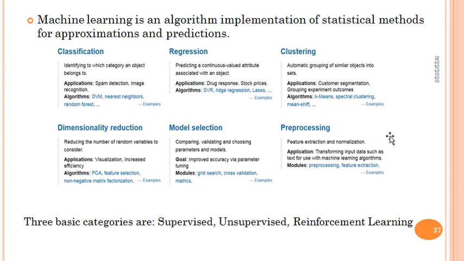Depending upon the data, if it is imagery or video data, there are different pre-processing techniques; if it is textual or numerical data, we have different ones, but these mainly include feature extraction and normalization. There are also applications which use pre-processing, such as transforming input data such as text so it can be used with machine learning algorithms, and it has modules including pre-processing and feature extraction.